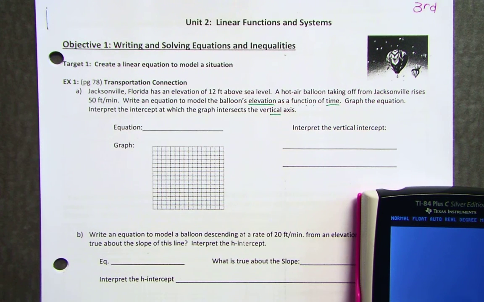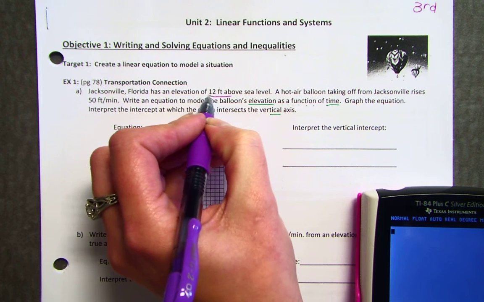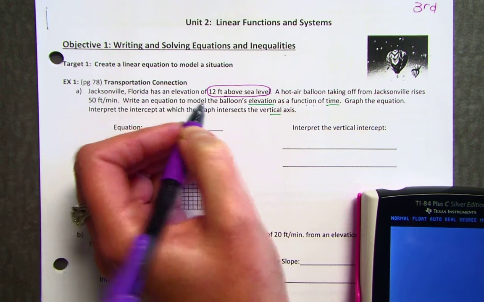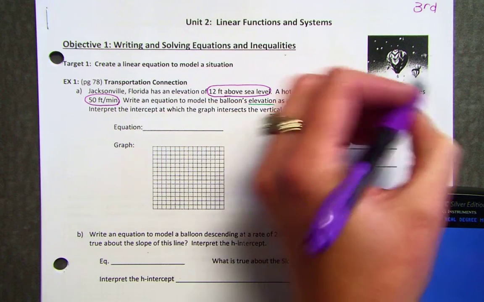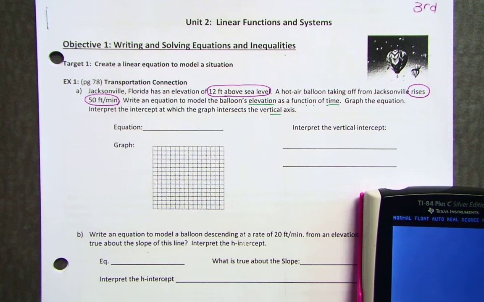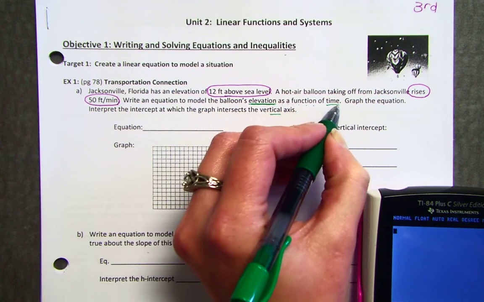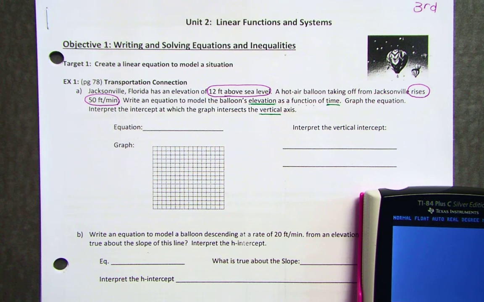I see a couple things that we're going to use here. First of all, I'm going to circle my numerical information in purple. Second, I'm going to be looking at the things in green that are going to tell us what we know and what we're looking for.